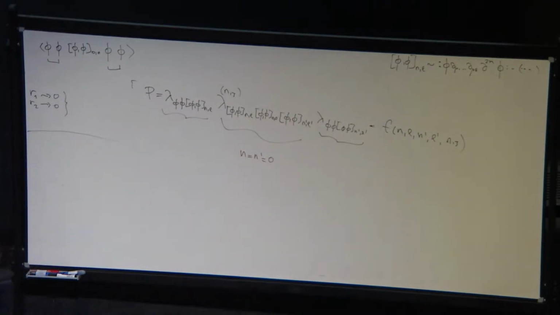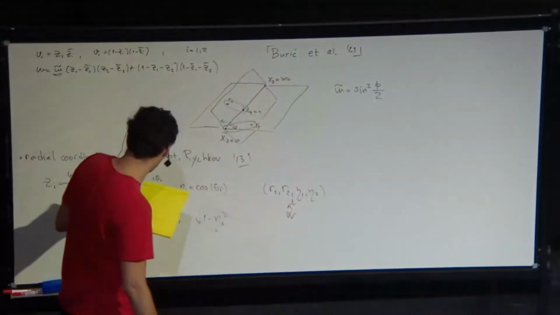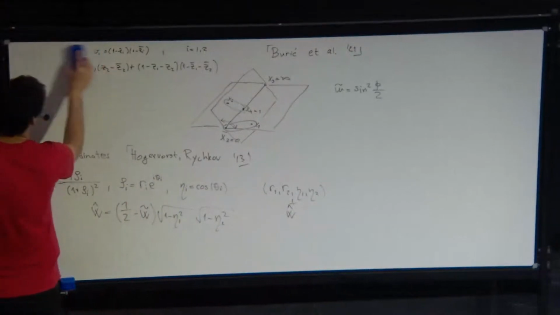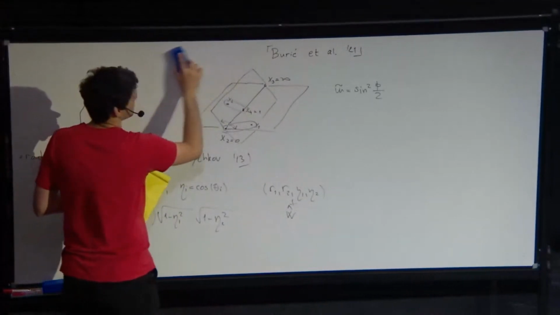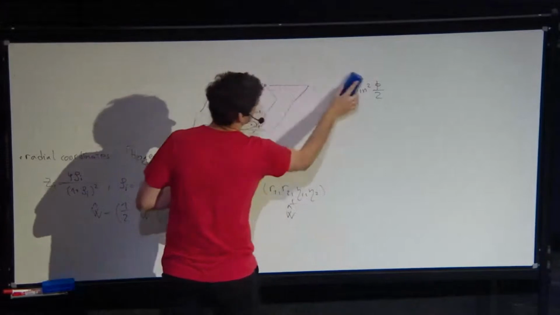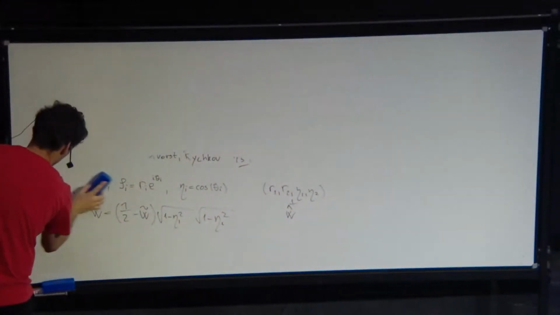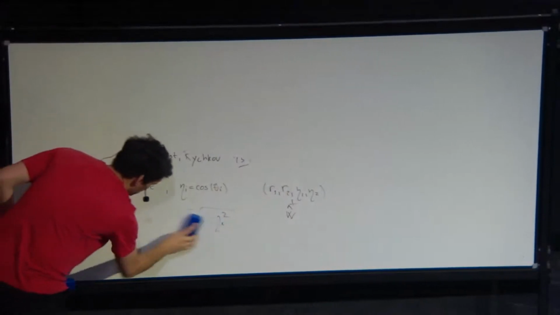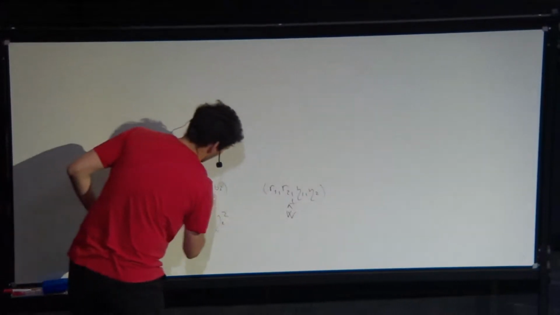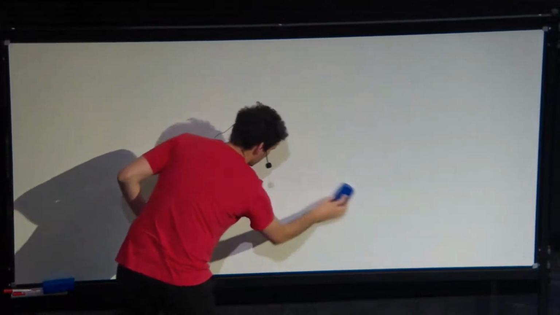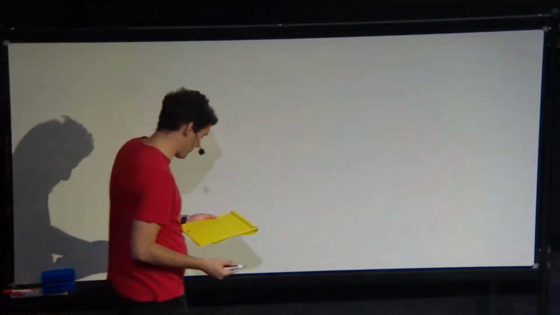Okay, so now I'm going to discuss the numerical part of conformal bootstrap that we have done. So the question is, how do you do bootstrap for 5-point correlators?